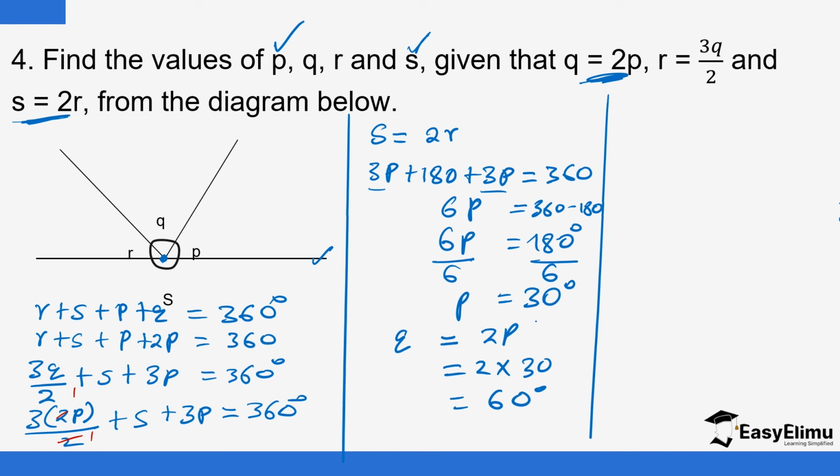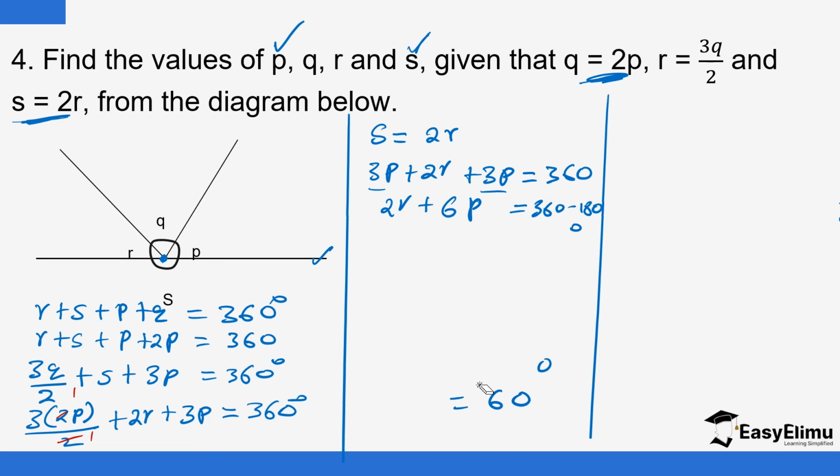So instead of writing 180, we write it as 2R. So this is 2R, plus 2R here. So we'll have to correct that. But remember, R is given as 3Q over 2.